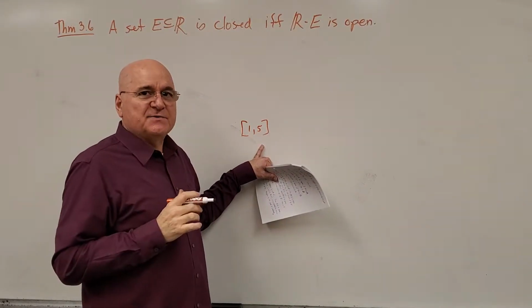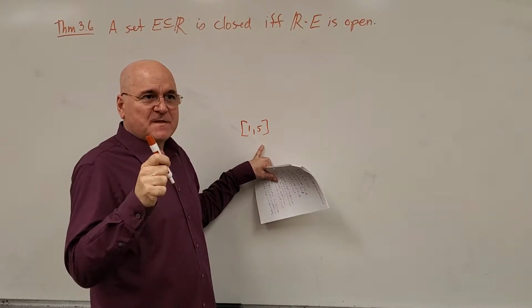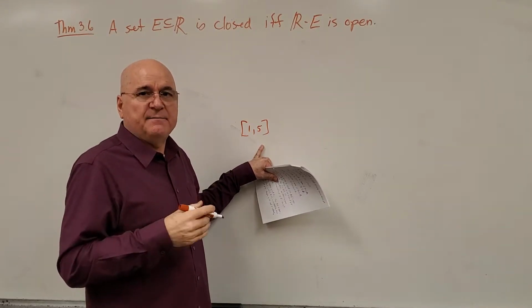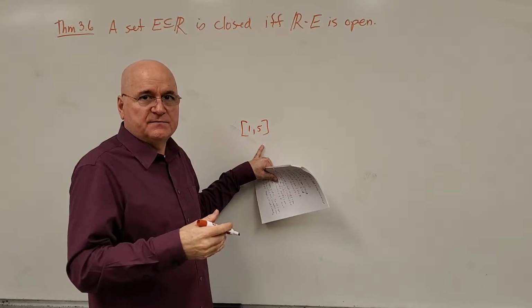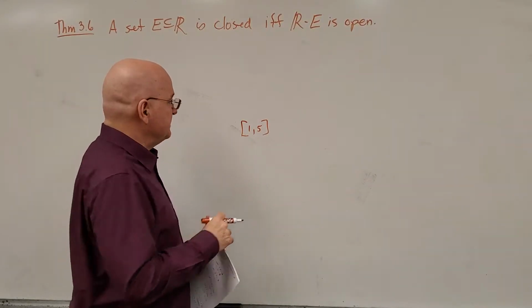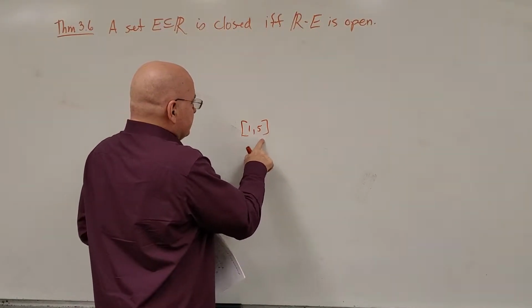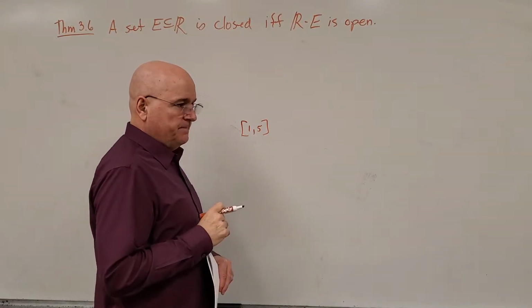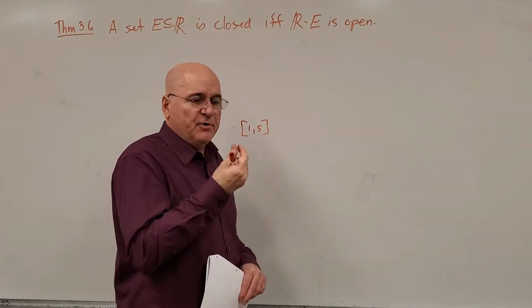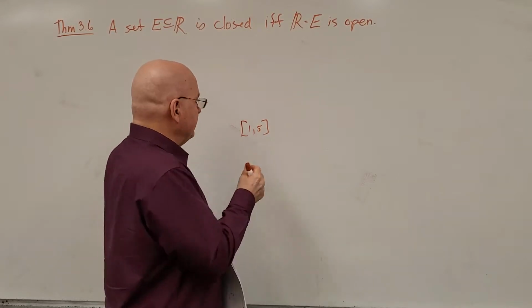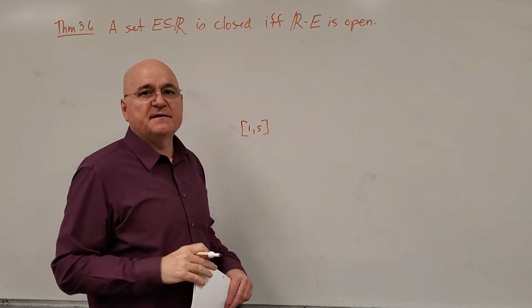Well, we know it's closed, but we didn't say this earlier. A set can be both open and closed. Well, let's see, is this the case? Does any number in this interval have an epsilon neighborhood around it that is completely contained inside this interval?